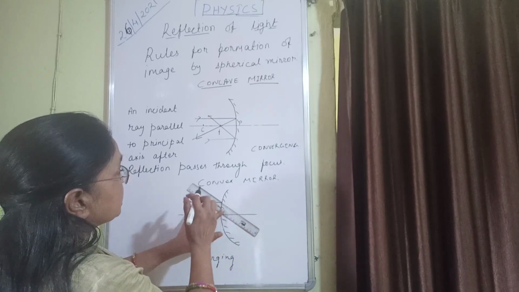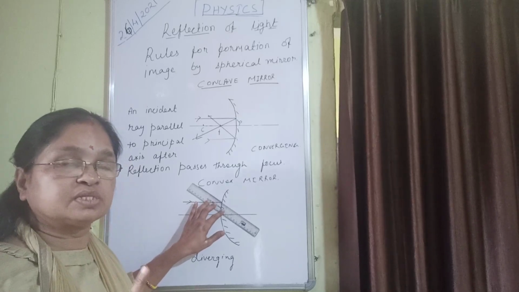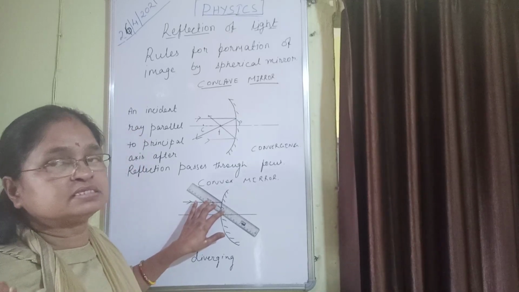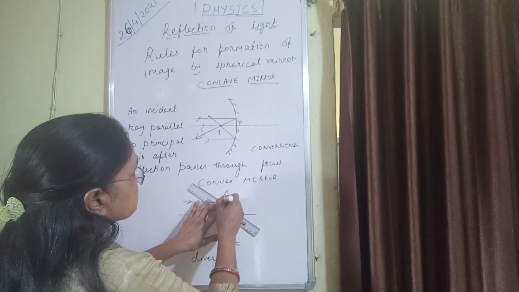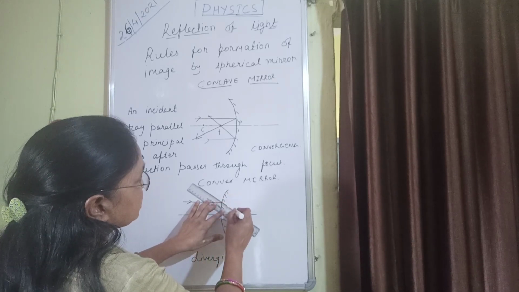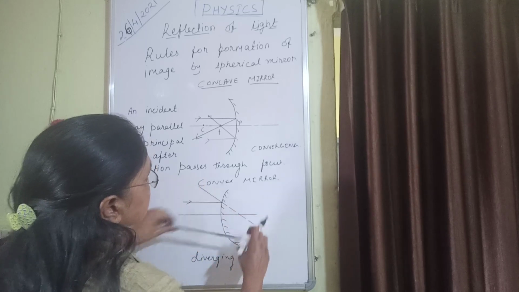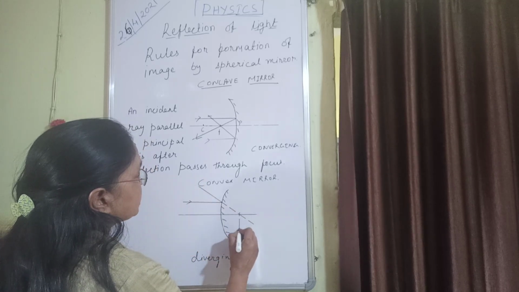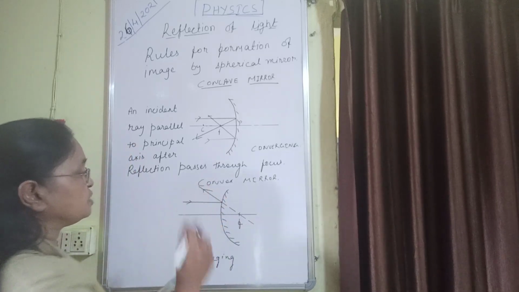So students, we are extending the reflected ray. Always remember, हमें मतलब होता है सिर्फ reflected ray से, incident ray से हमें मतलब नहीं है. तो हम यहाँ पे I am extending this reflected ray and see it meets at a point. That point is nothing but the focus. So like this we are drawing the first rule for convex mirror.